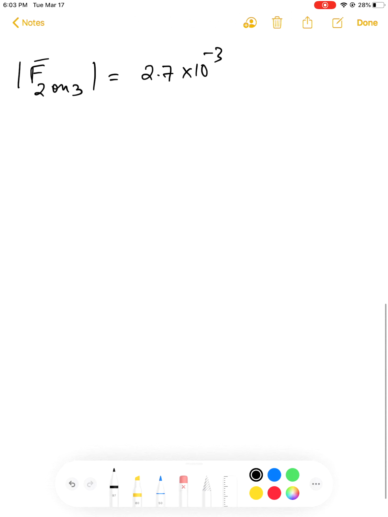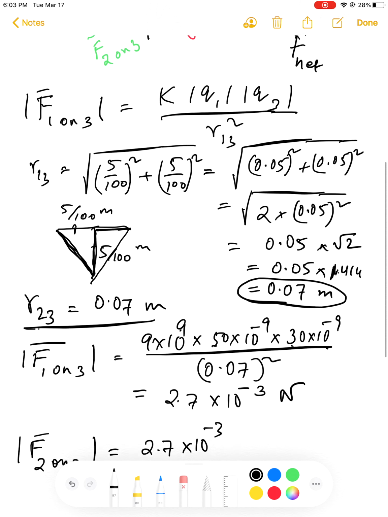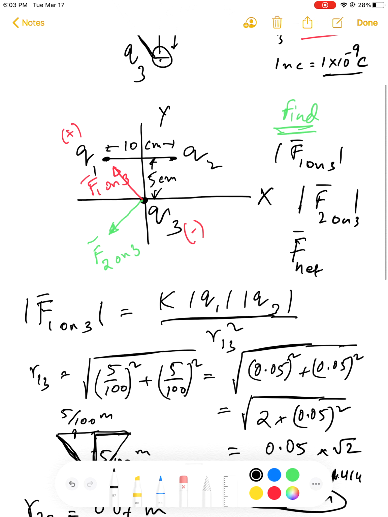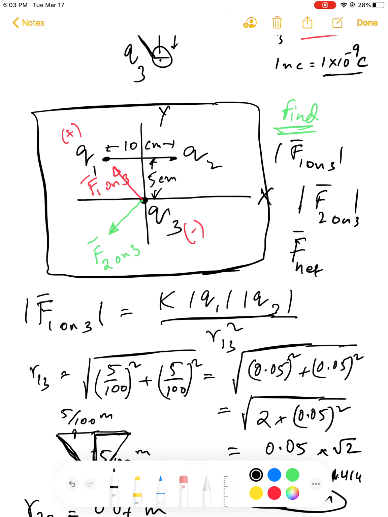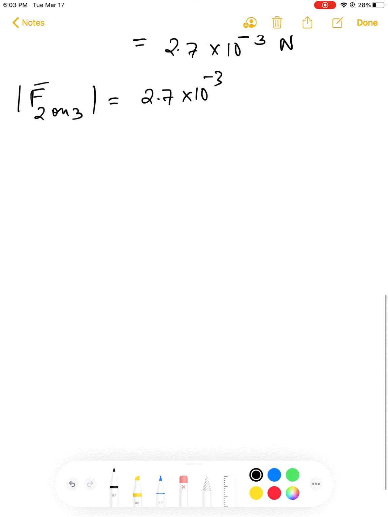Once we know the magnitudes, then we will have to work with the direction. Remember this is how our forces look in our coordinate space. So let's just work with that.